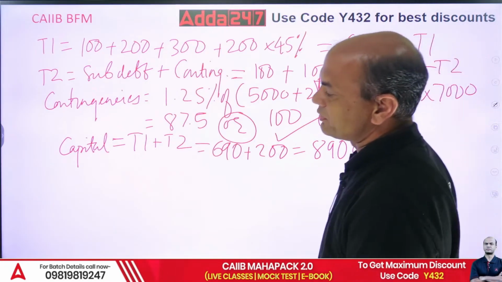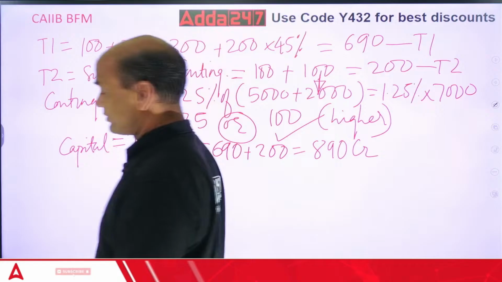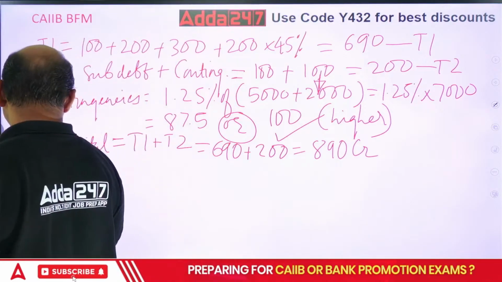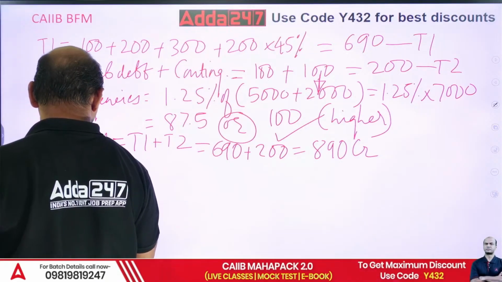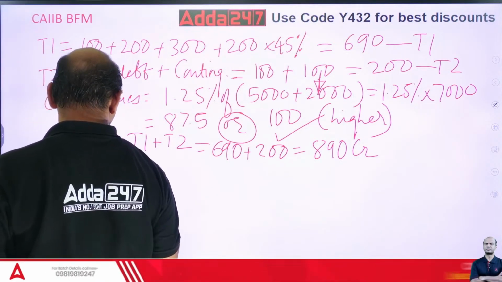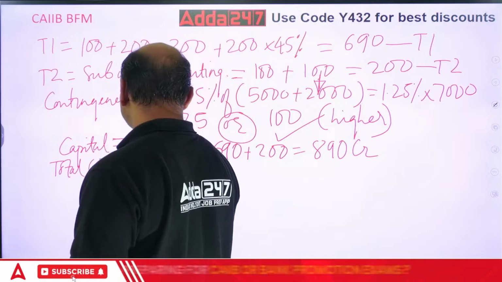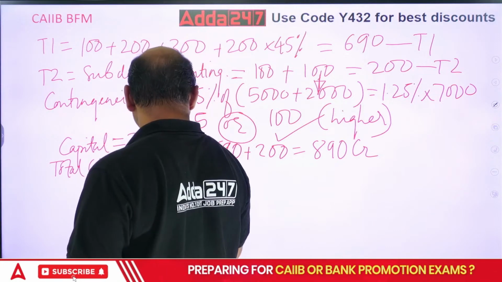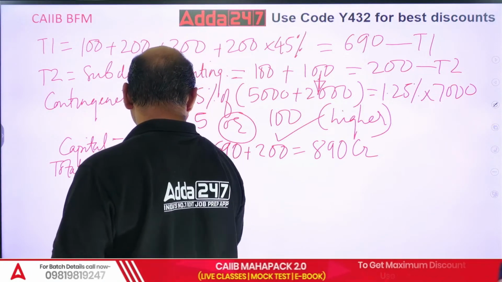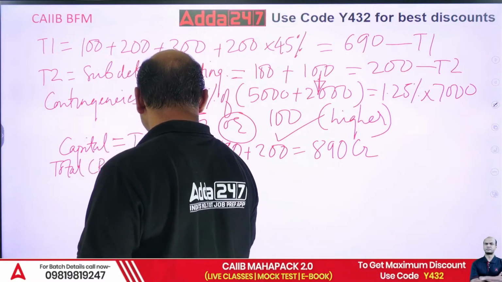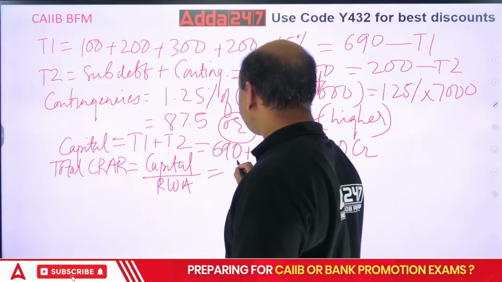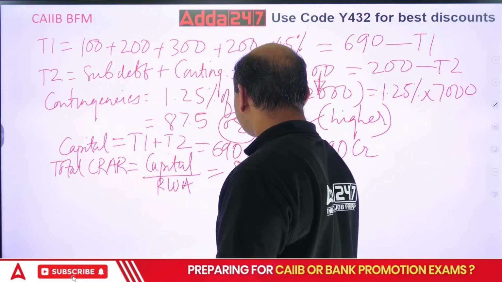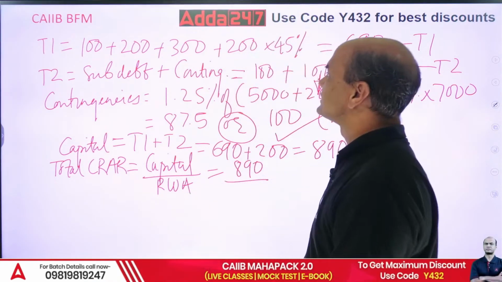Total CRAR equals capital upon RWA. Kindly note this formula. So that is equal to 890 upon RWA, risk weighted asset.